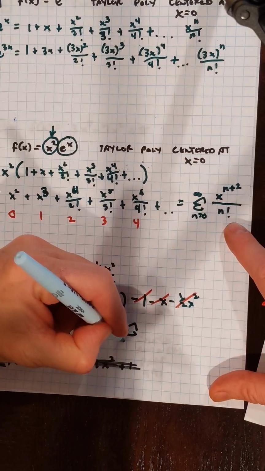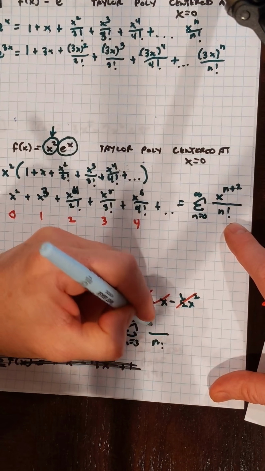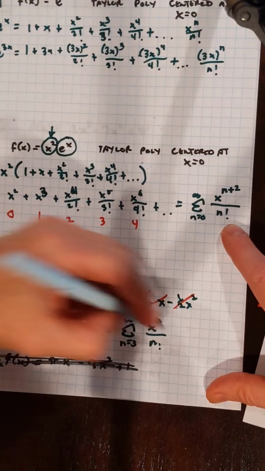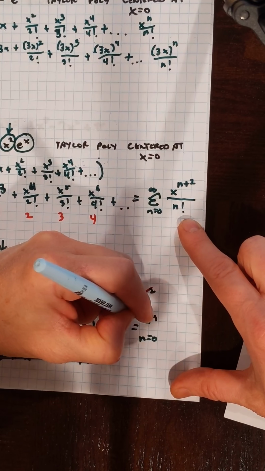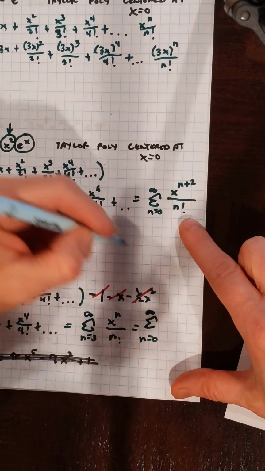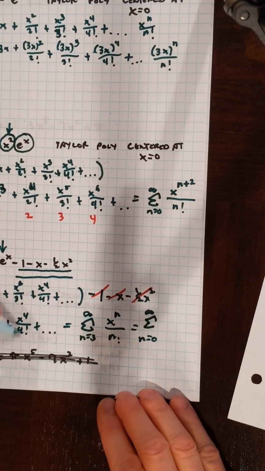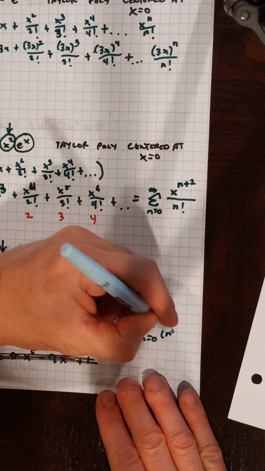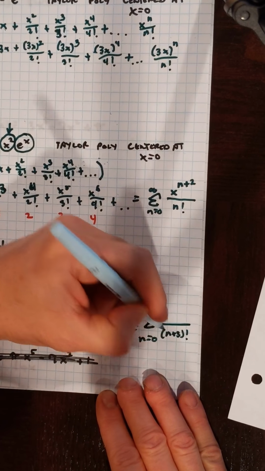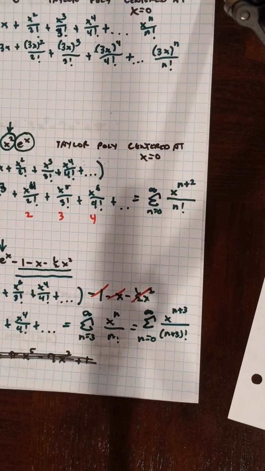So I could write this as n equals 3 to infinity and just go x to the n over n factorial. That works. Typically we write these with starting at 0. So if I do that, that means that's a 0, now that's a 3. That's a 1, that's a 4, which means basically I'm adding 3 each time. So it's n plus 3 factorial at the bottom, then x to the n plus 3 as my exponent.